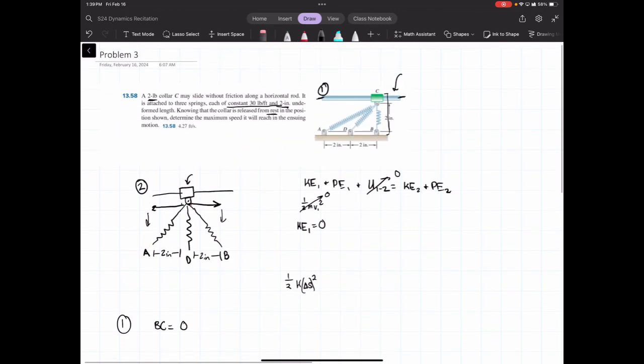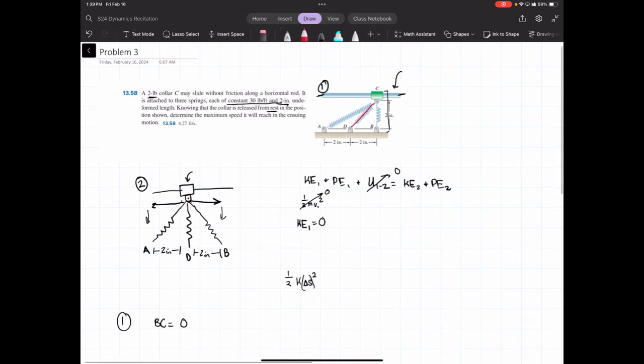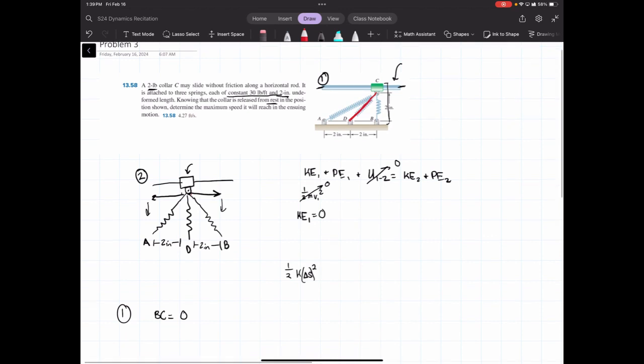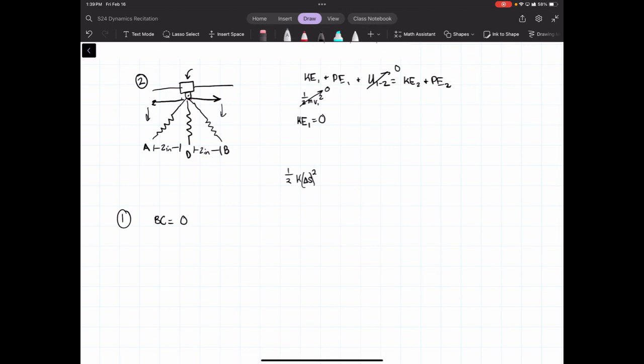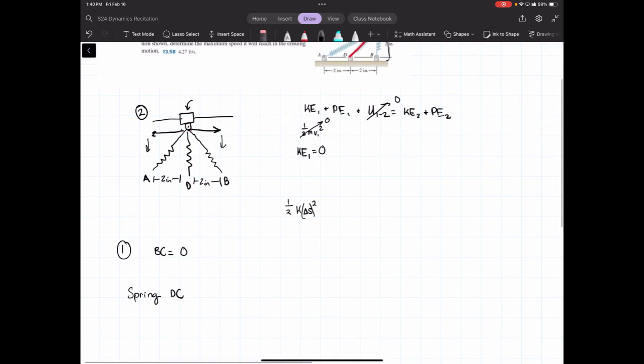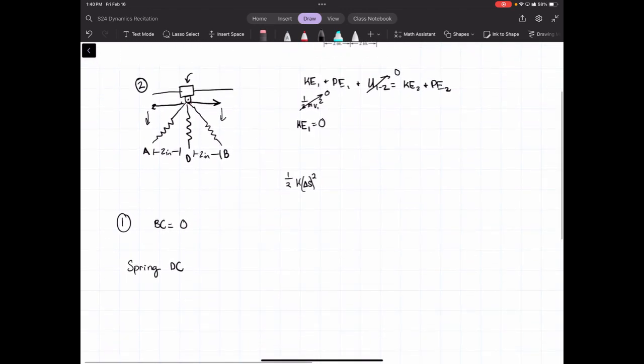So for spring DC, we need to find its length here, and we know both sides of this triangle, so we can do Pythagorean theorem to find the length. For spring DC, we can do the square root of 2 inches squared plus 2 inches squared.